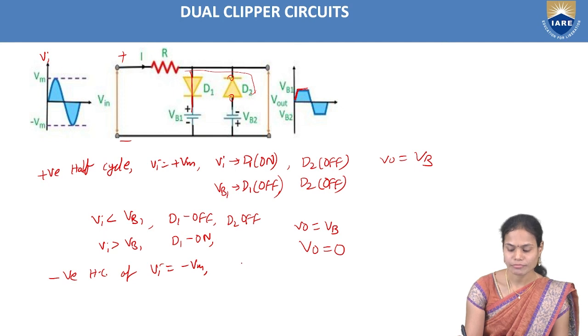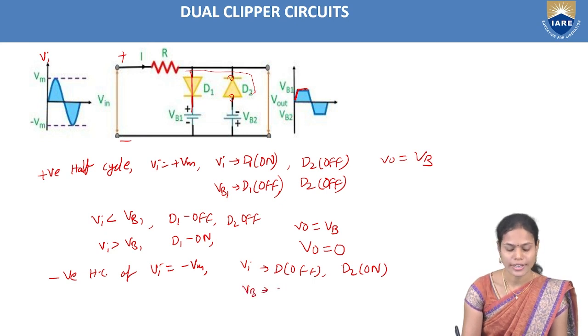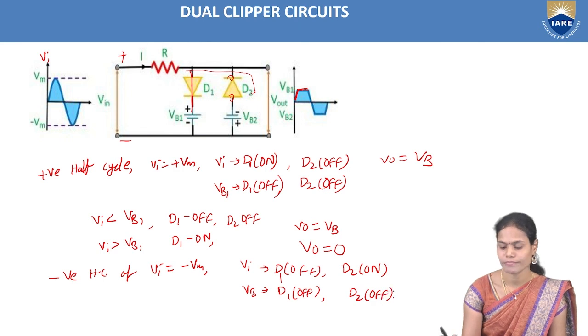During the negative half cycle of my input voltage, that is minus Vm, the input voltage is making the diode D1 into off state and D2 is in on state, and similarly the battery voltage Vb2 is making D1 into off state, but D2 is also in off state.